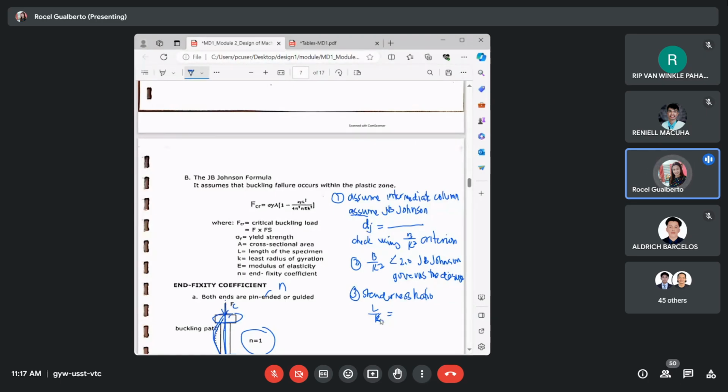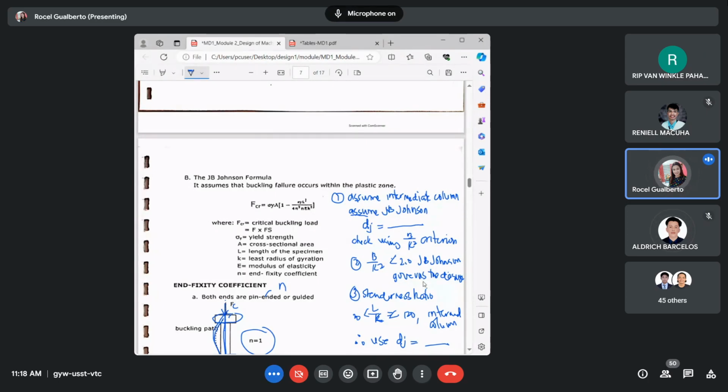If the value nung nasolve mo na slenderness is in between 30 and 120, tsaka mo lang sasabihin that it is really an intermediate column. Then you'll have your conclusion. Therefore, use the diameter coming from your JB Johnson formula. Nakuha po yung flow? Nakuha ba yung flow ng solution natin?